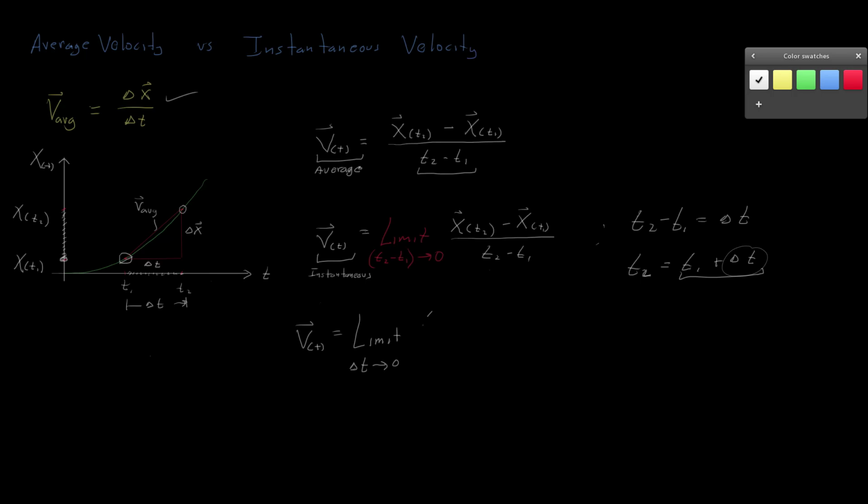It's going to be the position function evaluated at t1 plus a little bit of time to get me to time 2, minus the position function evaluated at t1, all over delta t. So that big idea right there is sort of the basis of the derivative. It's the formula for the slope of a secant line between 2 points that are infinitely close together.